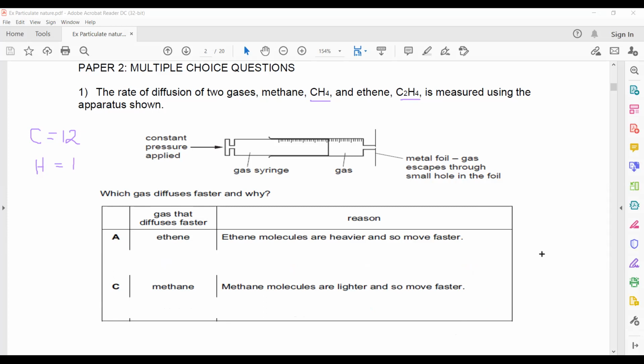Now I removed 2 of the wrong answers. Now you are left with A and C. So what could be the right answer? Mass of carbon is 12 and mass of hydrogen is 1.